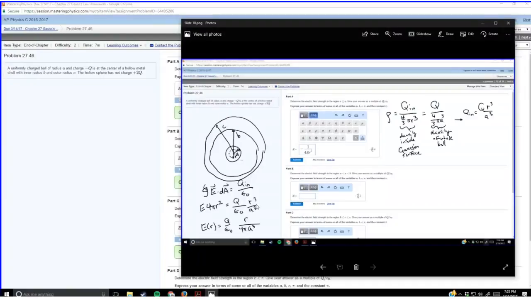The right-hand side now, you don't have to do this r cubed over a cubed because you're not changing how much enclosed charge you have. Once you've gotten into this range, your enclosed charge stays constant at negative Q. So imagine then this is just negative Q over epsilon naught equal to E times 4 pi r squared.